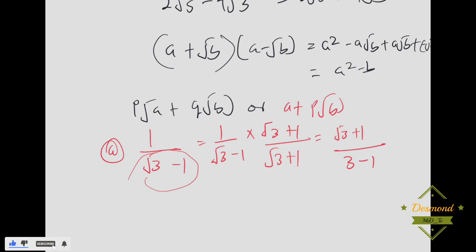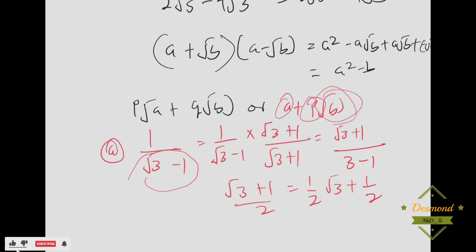You can go ahead and simplify it to get root 3 plus 1 on 2. Then we have half times root 3 plus 1. So with that, you can see that we have A, we have P there, and we have our root B there. Our A here should be half. That's how it works. Very, very simple.